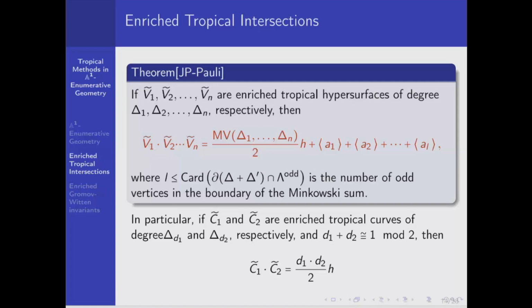This enriched tropicalization also records the coefficients of the leading terms. It's a little technical, but you need to know the sign of the coefficients. For the reals, you need to know the sign, and for arbitrary fields, you need to know the class of the coefficient up to squares. Okay, so got it. Thank you.